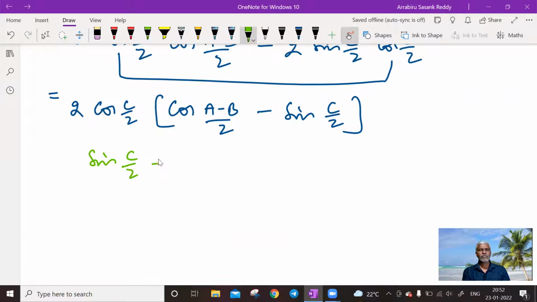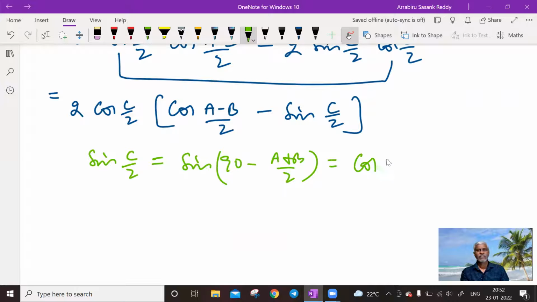Sin c by 2 is equal to sin 90 minus a plus b by 2, that is cos a plus b by 2. Sin 90 minus theta is cos theta. So in place of sin c by 2, we write cos a plus b by 2 again.